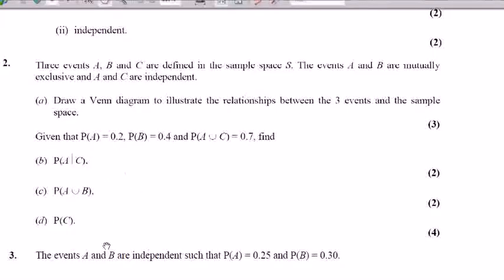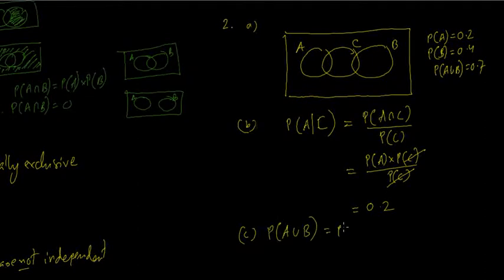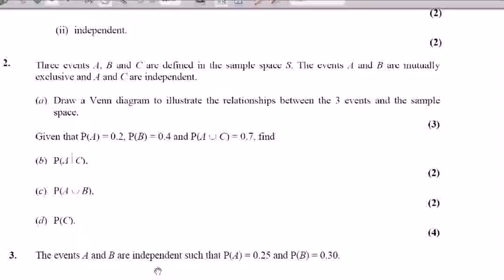This is not B, this is number C. A union B. So A union B is going to be, using the formula, probability of A plus probability of B minus probability of A intersection B. Now probability of A is 0.2, probability of B is 0.4 minus, now remember, are A and B independent or are they mutually exclusive?